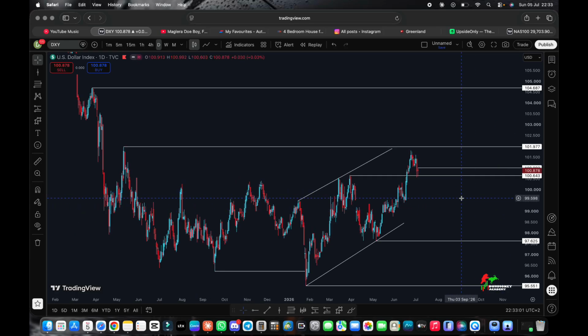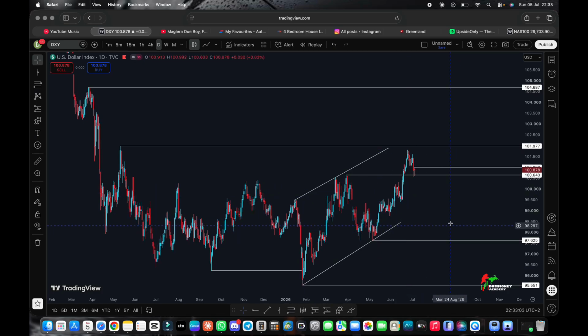Okay guys, so we are looking at the DXY, right? This is the dollar index. Basically the dollar index is a reflection of the strength of the dollar economy, right?